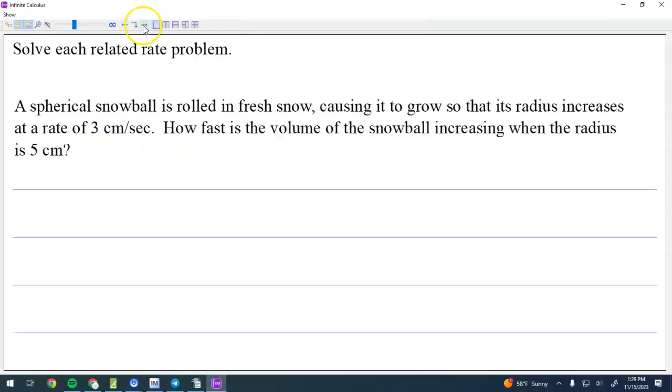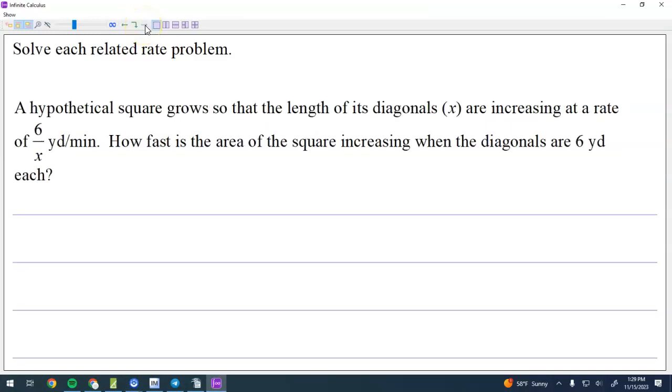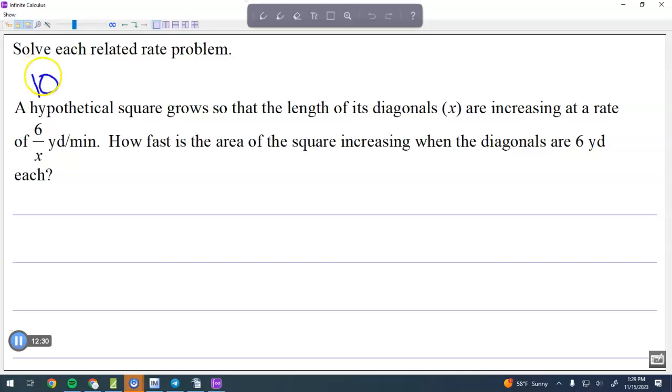go to number, I don't know what number it is. There's one that's like a square, whatever number that is. I think this is it. So, I don't know if you guys know the formula for this. Area of a square, if you have the diagonals, I could go through and make you figure it out.